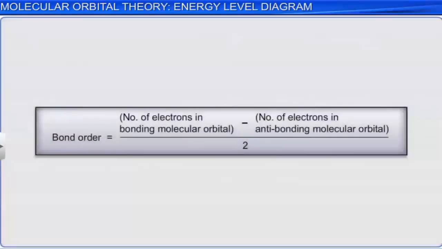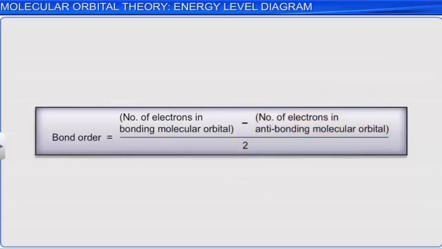Thus, we can calculate the bond order in an oxygen molecule using the formula: bond order is equal to the number of electrons in the bonding molecular orbitals minus the number of electrons in the anti-bonding molecular orbitals, divided by 2.